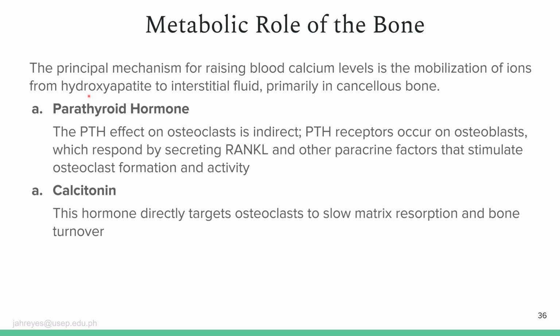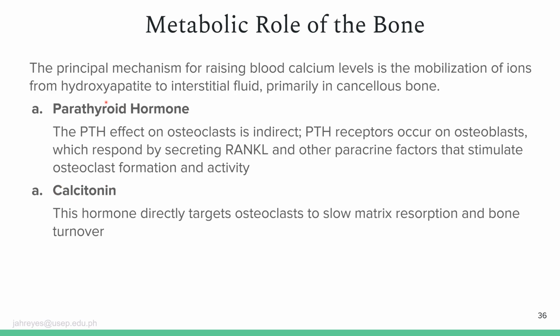And the principal mechanism that governs that calcium and phosphate content can be summarized or can be influenced by two major hormones, the parathyroid hormone and the calcitonin. So the maintenance of the blood calcium is regulated mainly by the parathyroid hormone. So this is secreted by the parathyroid gland, and also calcitonin, which is secreted by the thyroid gland.